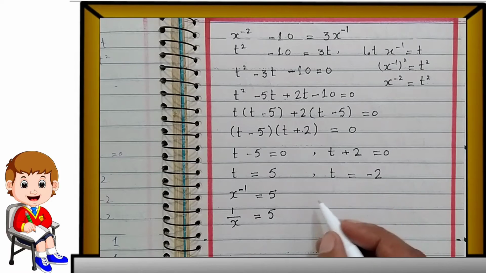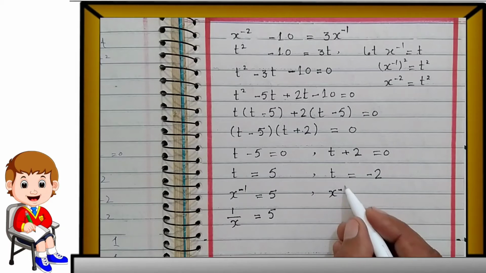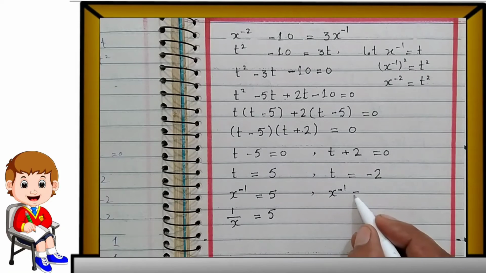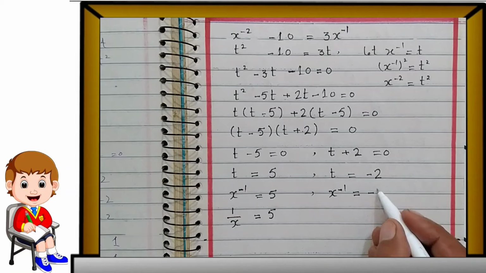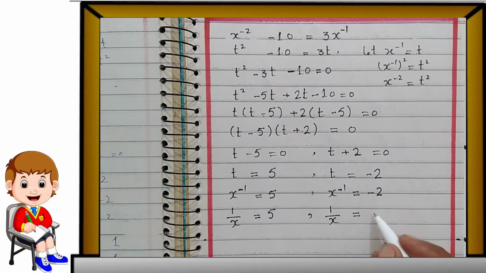Here t equal to x raised to minus 1, and on the right side it is equal to minus 2. Now we make the power positive, 1 over x is equal to minus 2.